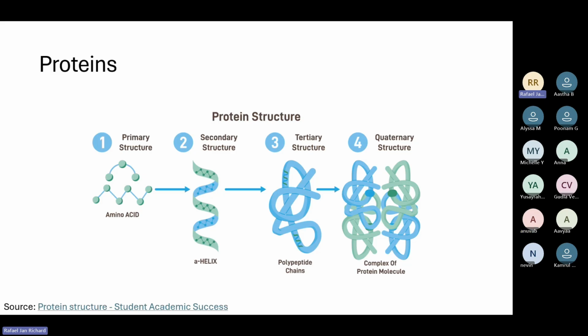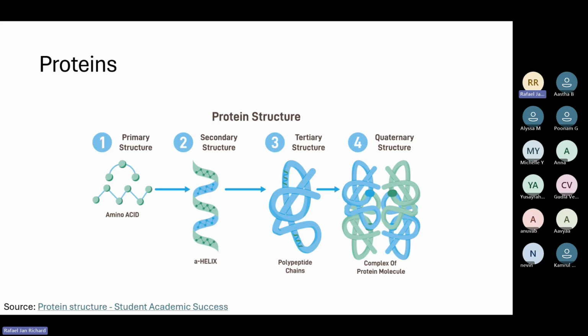That's also the structure that some enzymes have, especially digestive enzymes. So there's just one protein, and when it is an enzyme, it has a catalytic effect on a biochemical reaction.